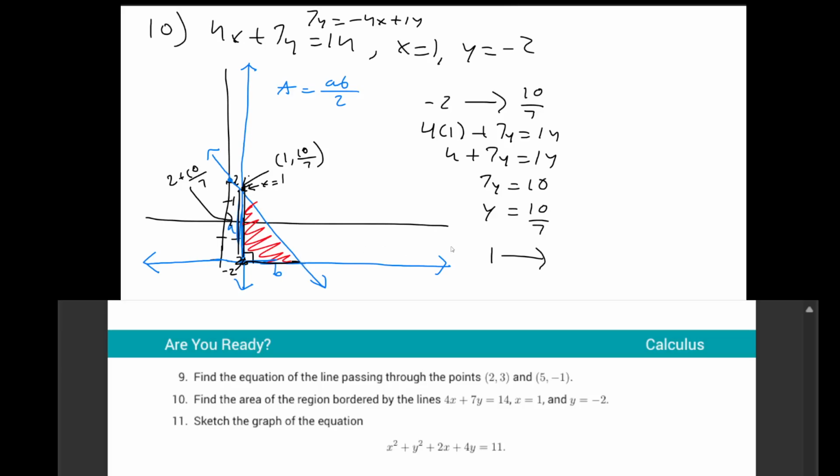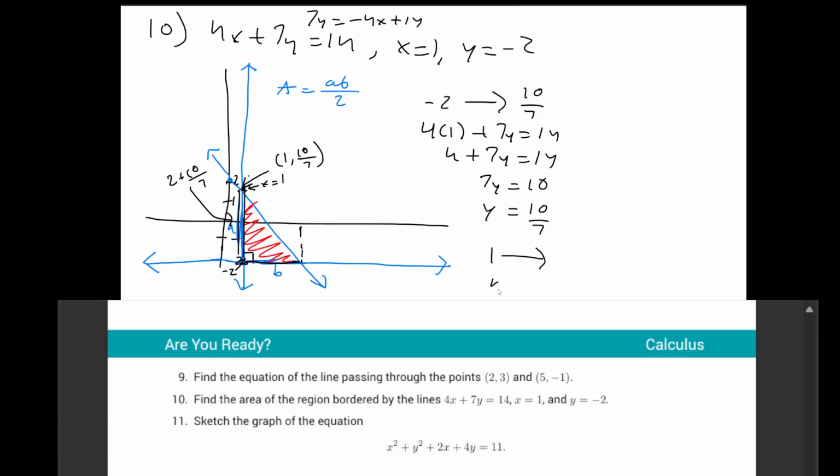So in order to do that, we plug in negative 2 for y, because when it intersects y equals negative 2, we need to know the corresponding x value to that point of intersection.